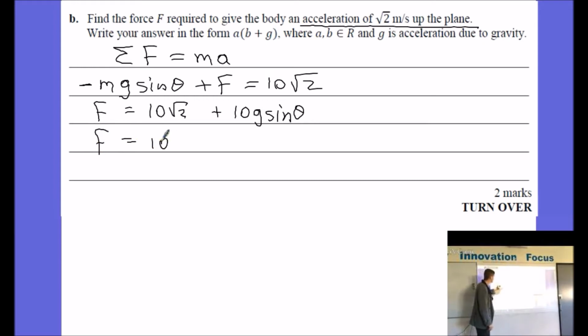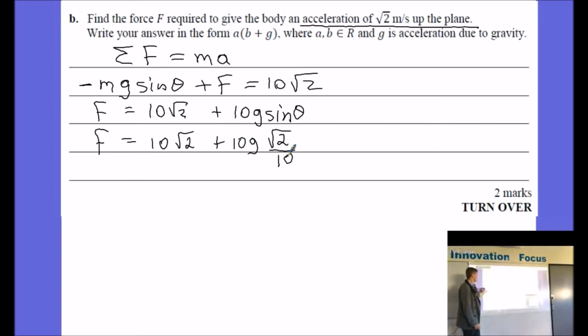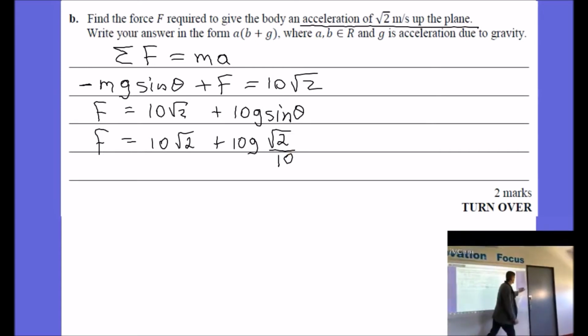So it was 10 root 2 plus 10 G, and sine of theta was root 2 on 10. From that we have to express it in this form. Are there any common factors? We can simplify first.